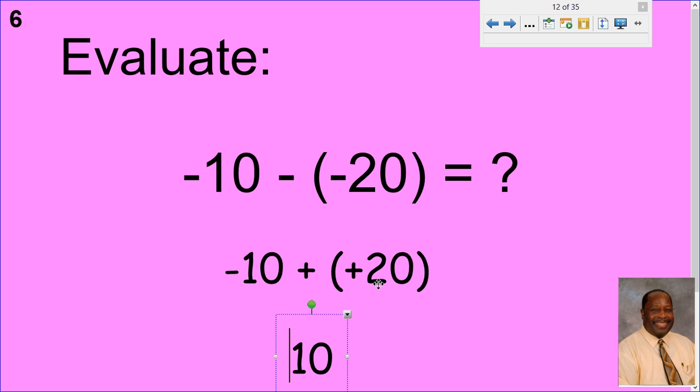I'm supposed to choose the larger digit's sign. So I'm going to choose positive. And that will be my answer, positive 10. So when I look at my subtraction problem, negative 10 minus negative 20, my answer is going to be positive 10.